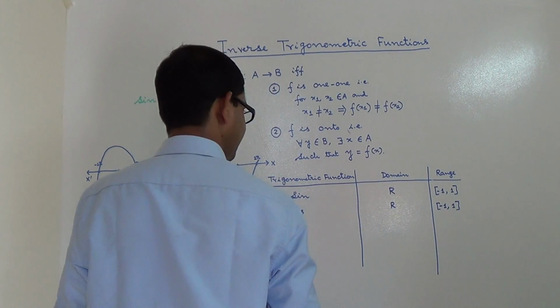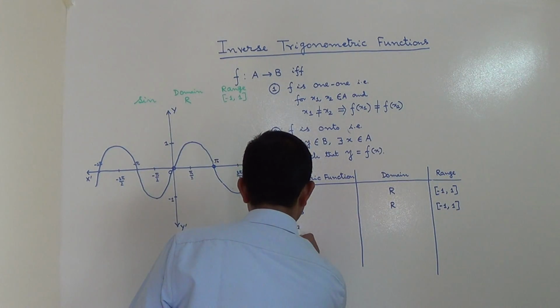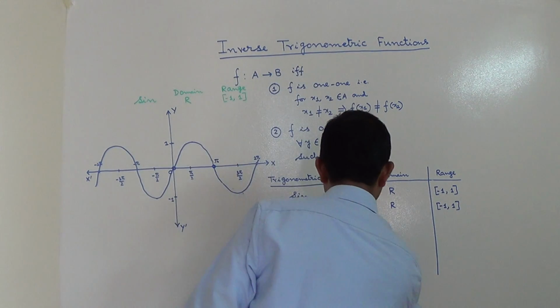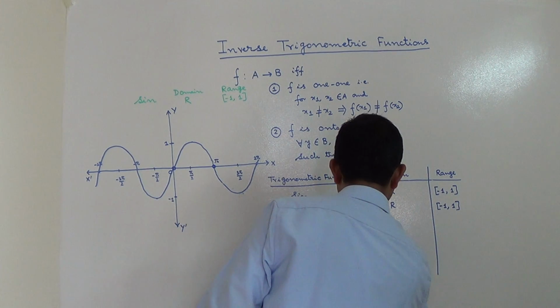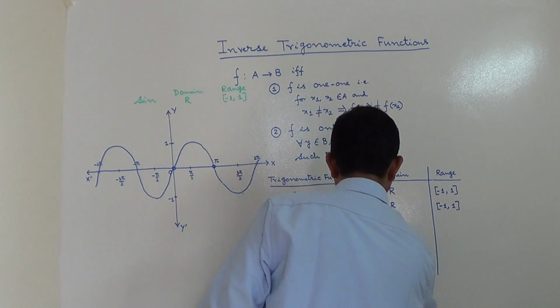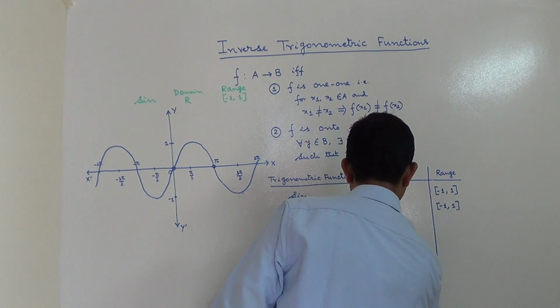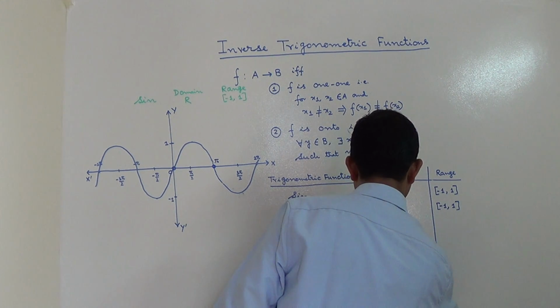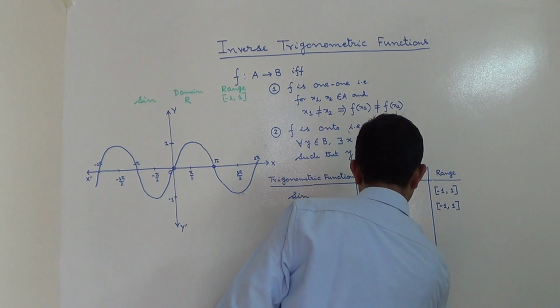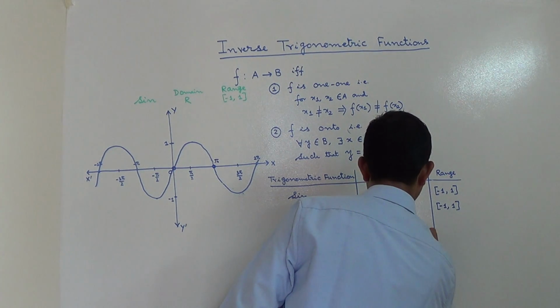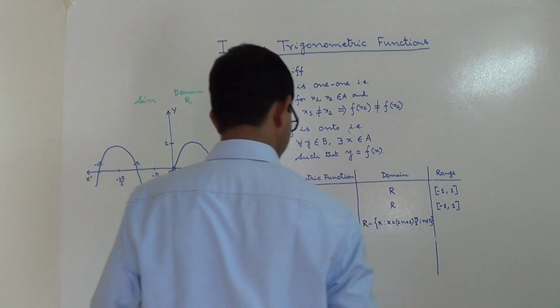The function tan: the domain of the function tan is the set of real numbers excluding a few angles, that is, x such that x equal to (2n plus 1) into pi by 2, where n belongs to Z, the set of integers.